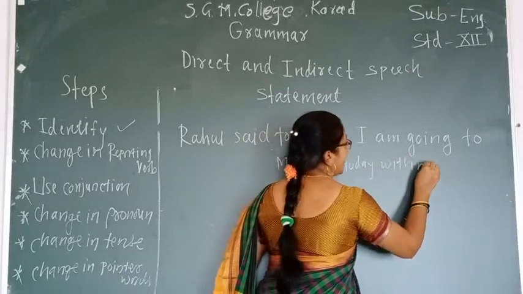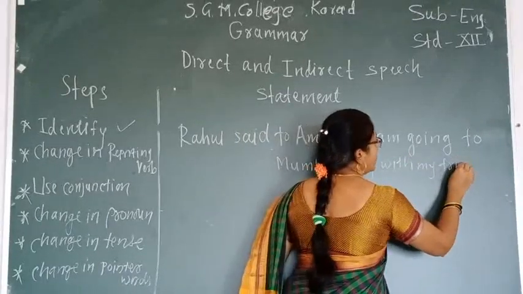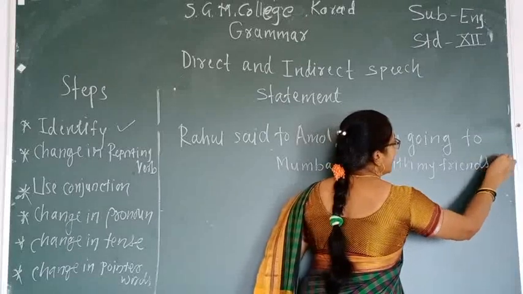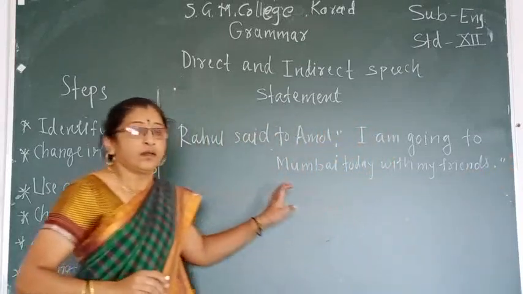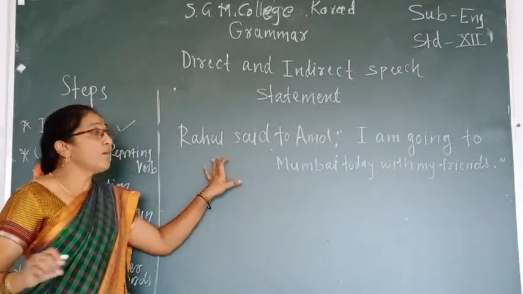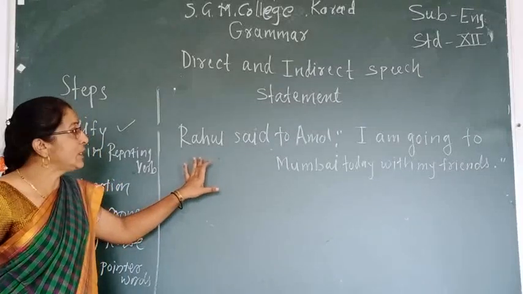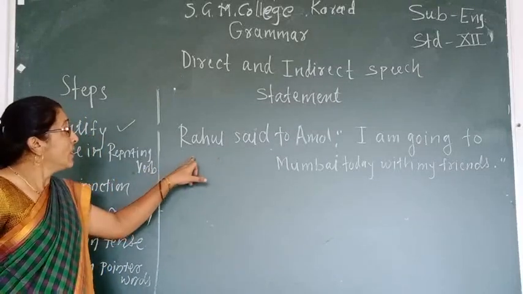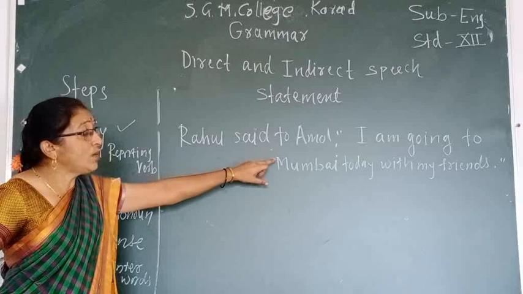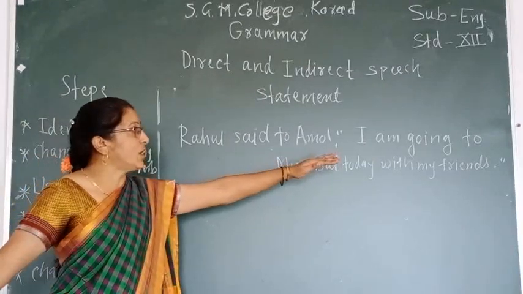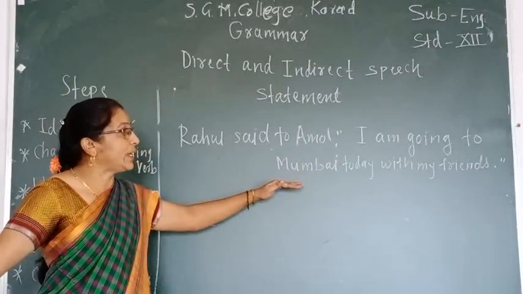Full stop, double inverted commas complete. This is one more example of a statement, an assertive sentence. Rahul said to Amol, I am going to Mumbai today with my friends.